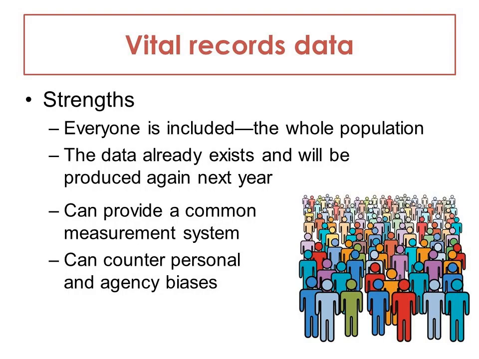And so we've talked about vital records data and their strengths that include representation of everybody, and it's collected every year, and their common variables. And it's a good objective way of looking at things because it does represent everybody, and it's a standard way of collecting this information.